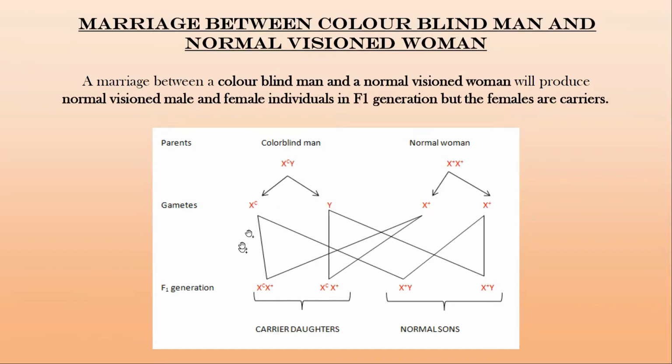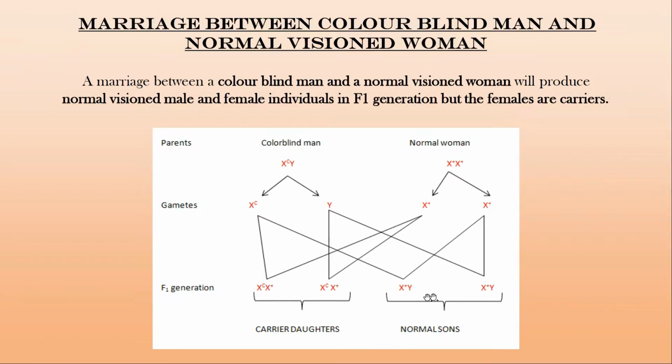The gametes produced by the color blind man will be Xc and Y, and the normal woman produces X plus gametes. When an egg is fertilized by the Xc gamete, the individual produced will be XcX plus, a daughter, and both daughters will be carriers of the color blind gene.